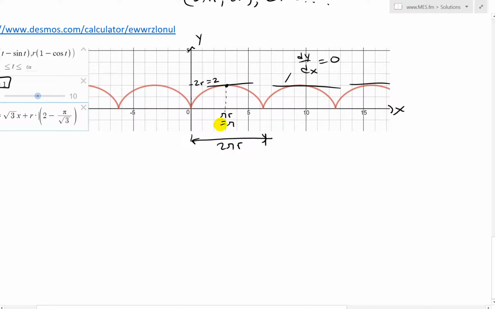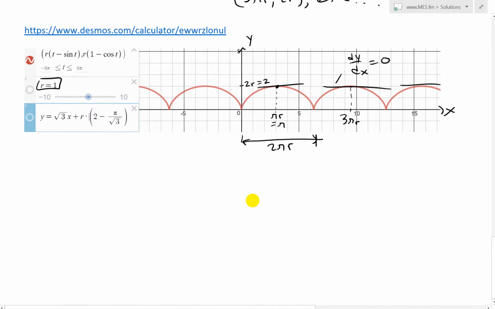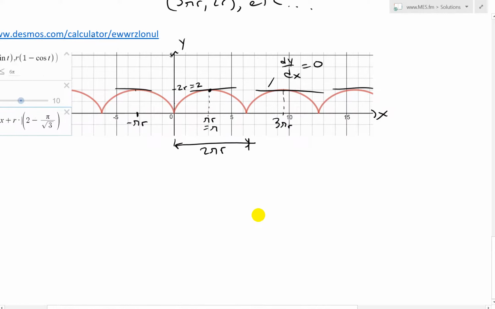If that's at pi r, this point right here is going to be 3 pi r, separated by 2 pi, and likewise we have another flat line here. This is at -pi r, and likewise over here this is at 5 pi r, etc.